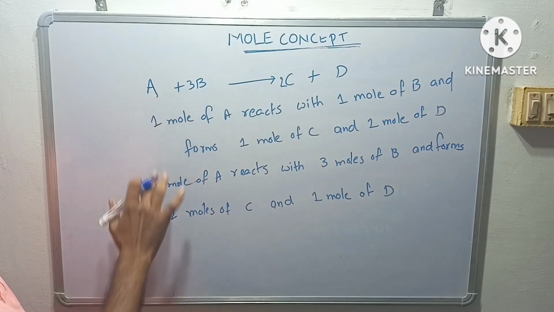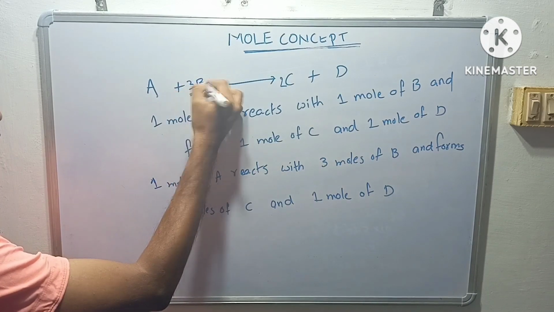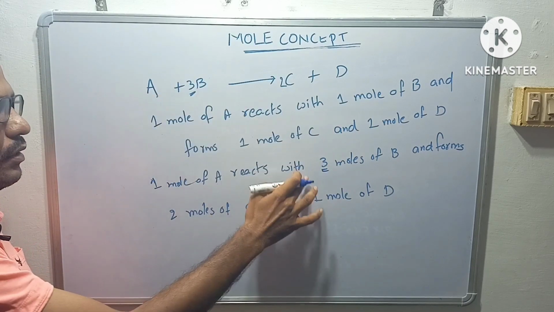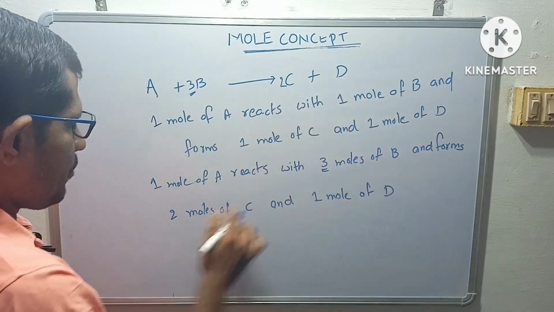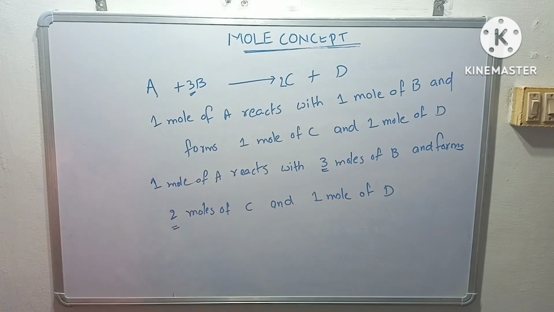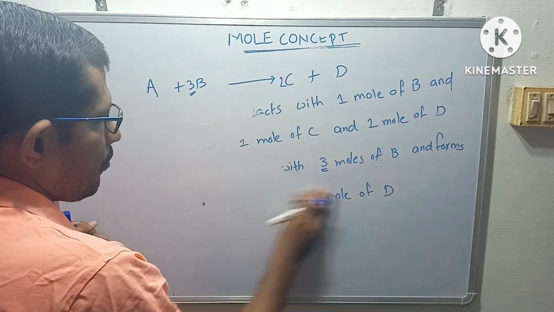So 1 mole of A reacts with 3 moles of B and forms 2 moles of C and 1 mole of D. We need to decode the reaction like this. So now I am jumping to the chemical equations and solving the problems, okay?